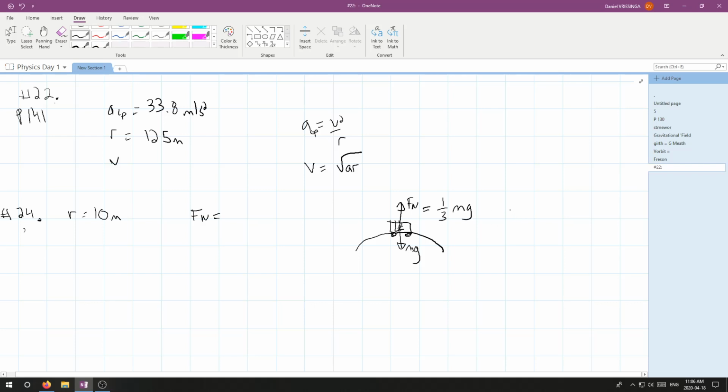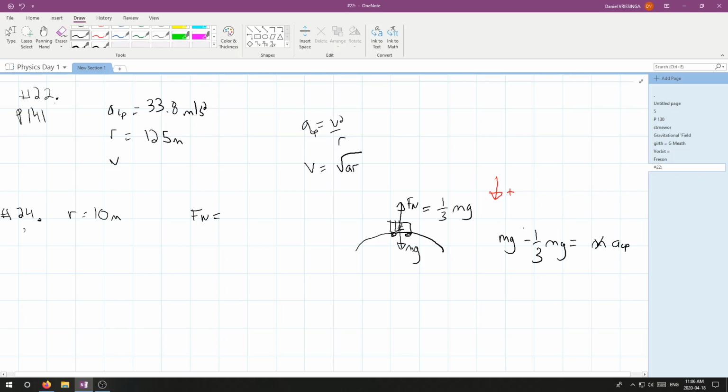Those have to equal your mass times your acceleration. So if you take these 2 forces, and I'll choose a direction for my axis, I'm going to choose down to be positive just because that's the direction of the acceleration. Adding up all my forces, Newton's second law, I'll say that mg subtract 1/3 mg will have to equal my mass times my centripetal acceleration.